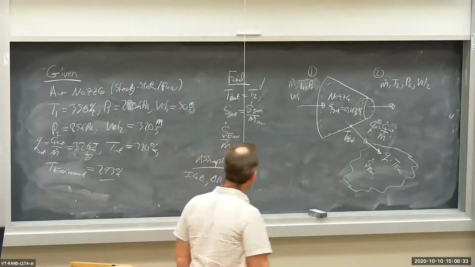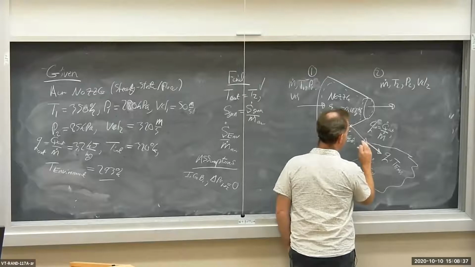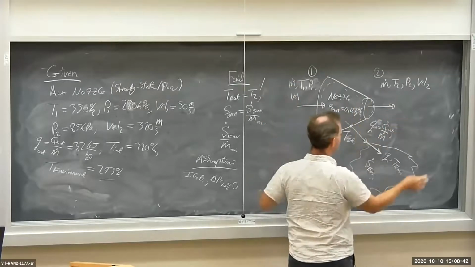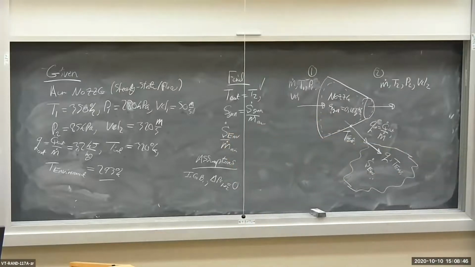Now I want to know what's the entropy transfer into the environment? So this nozzle sits in a room, it sits in a facility. That's called the environment, whatever is outside of the nozzle sufficiently far away.